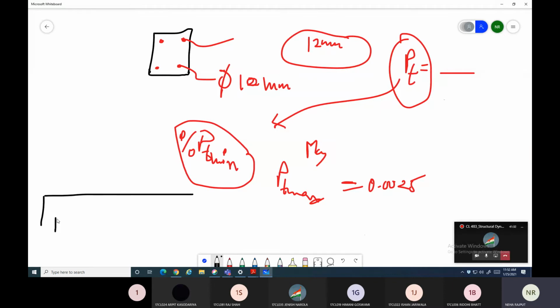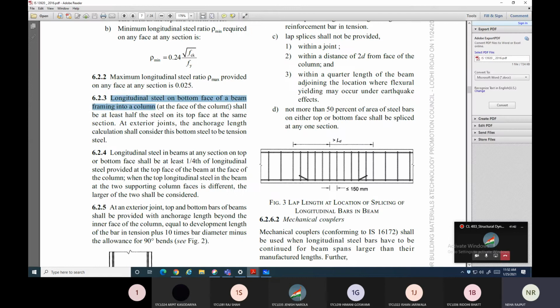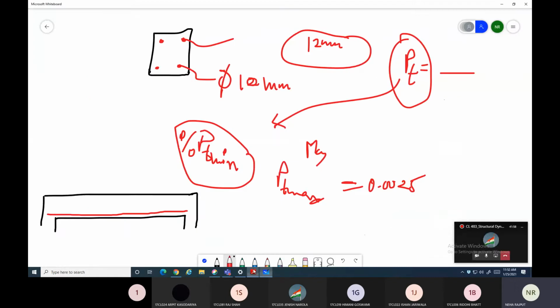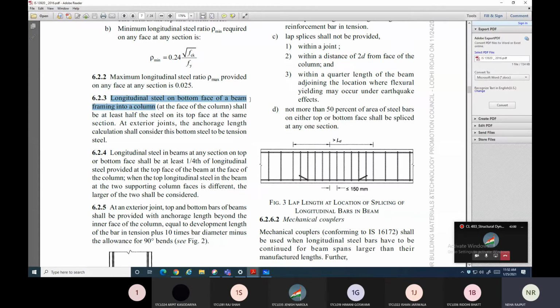So if this is your lengthwise view of your beam, then we are talking about this bottom face longitudinal reinforcement bar shall be at least half the steel on its top face at the same section. उसका मतलब क्या हुआ? Longitudinal steel on bottom face of beam framing into column, मतलब ये reinforcement की बात चल रही है. Shall be at least half the steel on its top face at the same section.